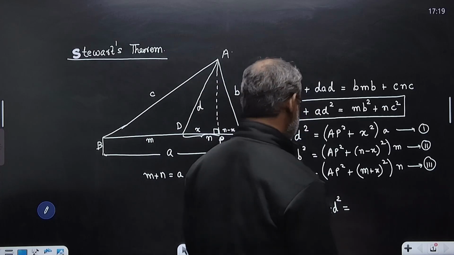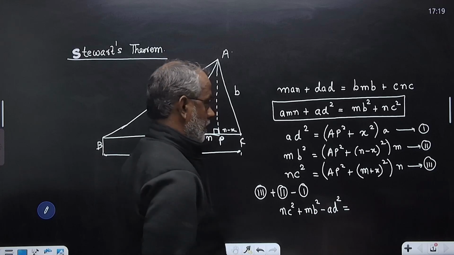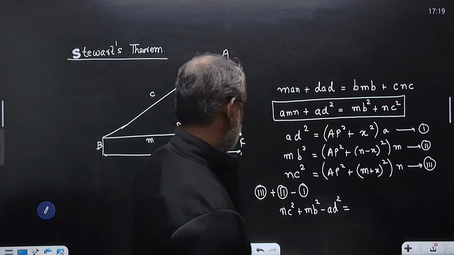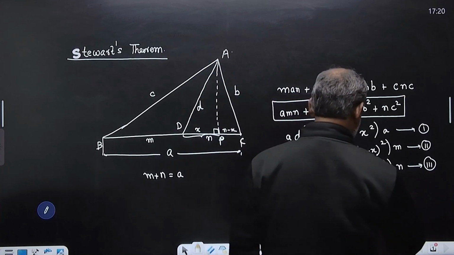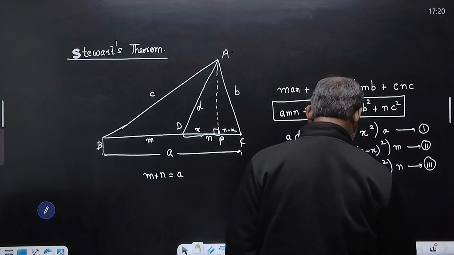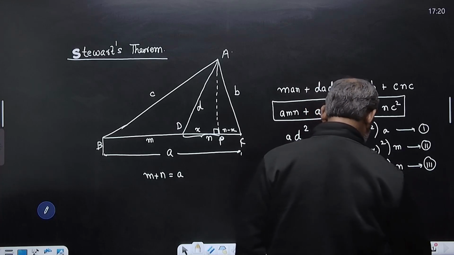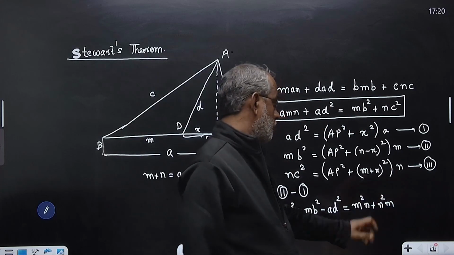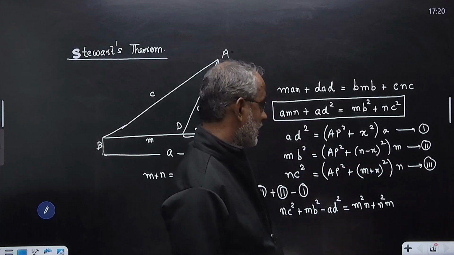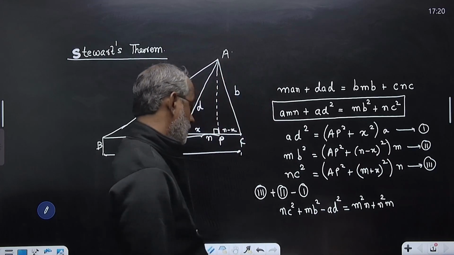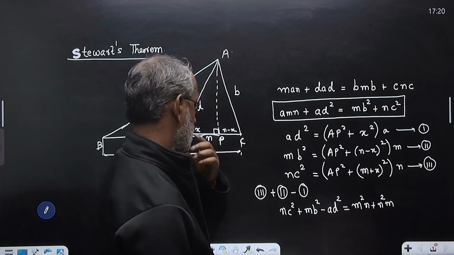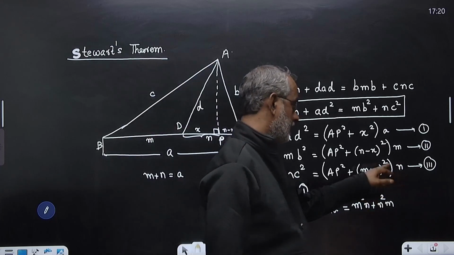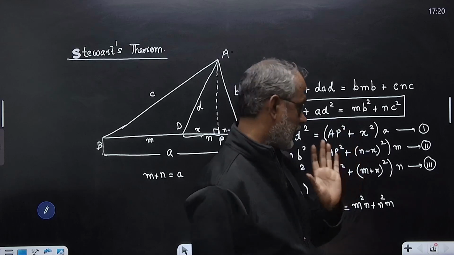What you are going to get is AMN: M square N plus N square M; 2MNx minus 2MNx gets cancelled out; and Nx square plus Mx square minus Ax square gets cancelled out.